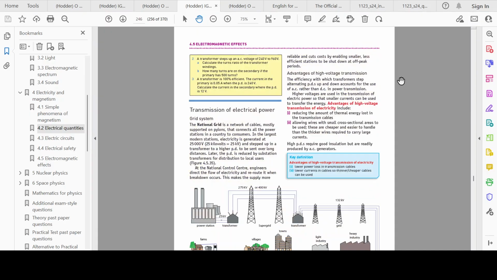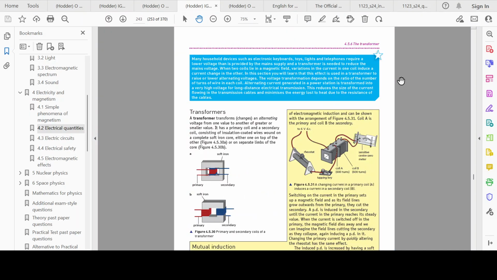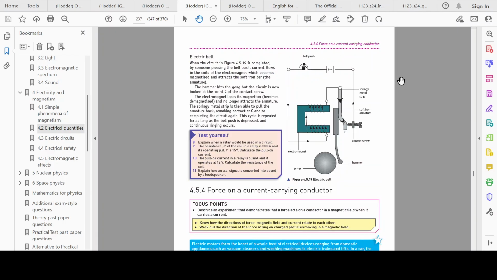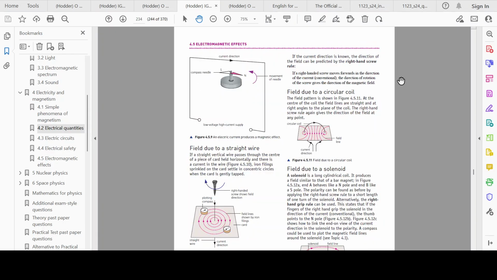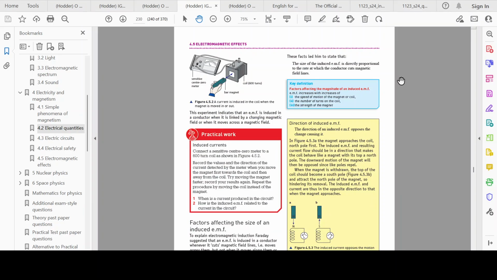So the whole of section 4.5 is a bit challenging. We're just left with part 4, for physics. How many chapters are there to cover?